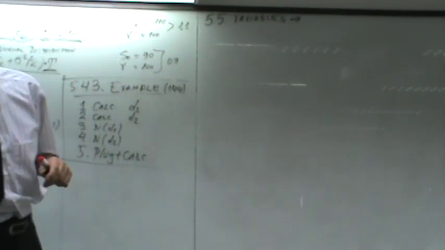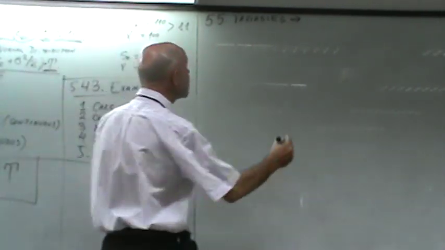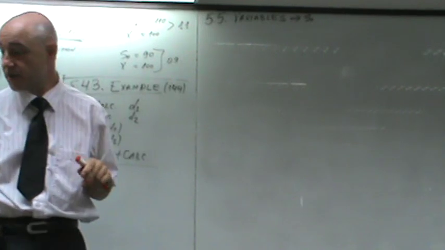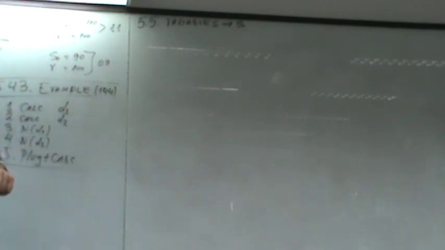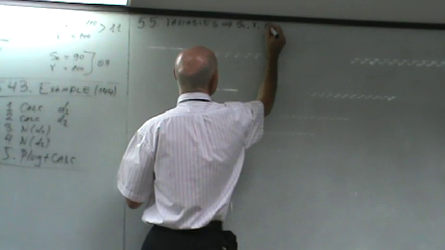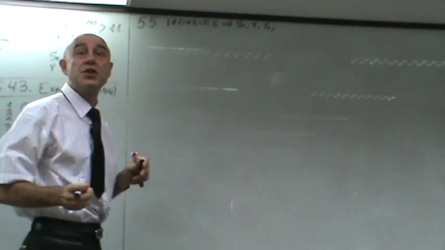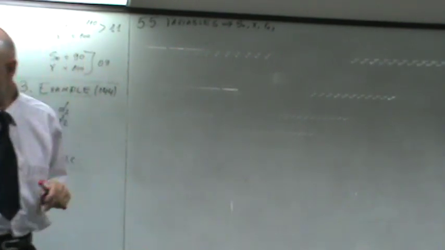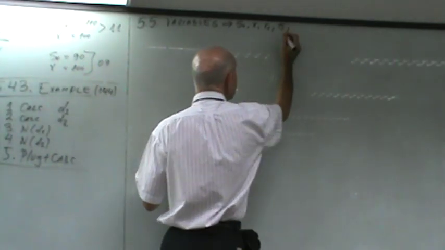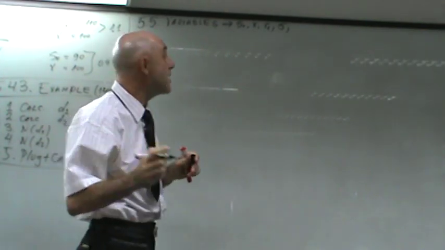So, the variables are stock price. What's the next one? Exercise price, X. Continuously compounded risk-free rate. Volatility. And the last one? Time to expiration, T.